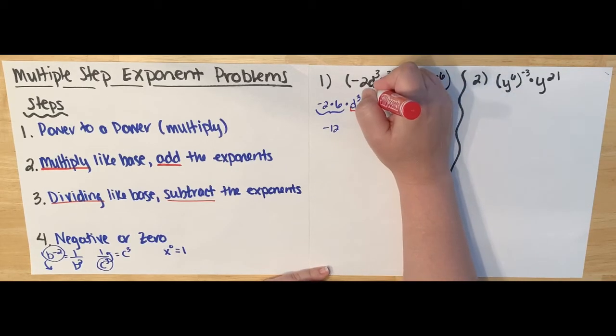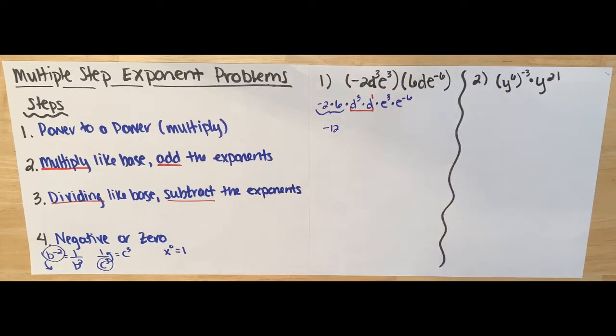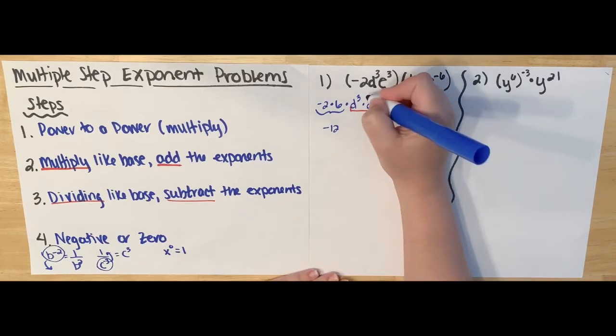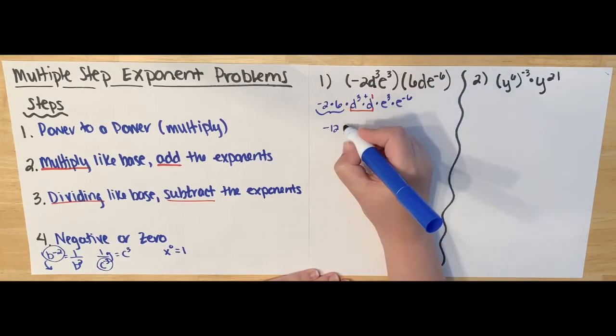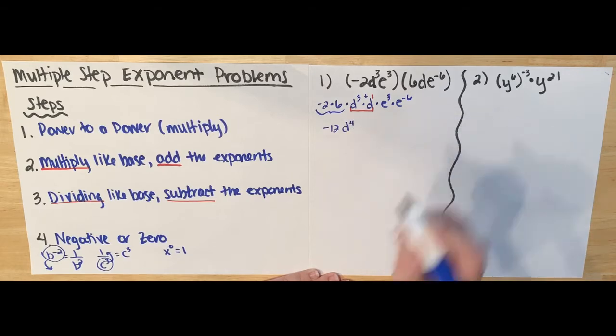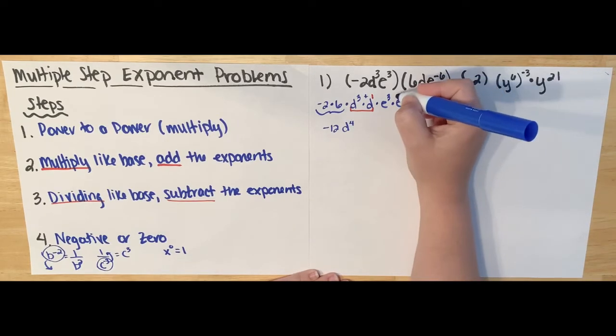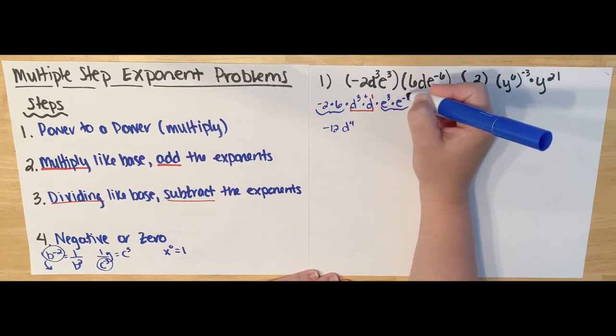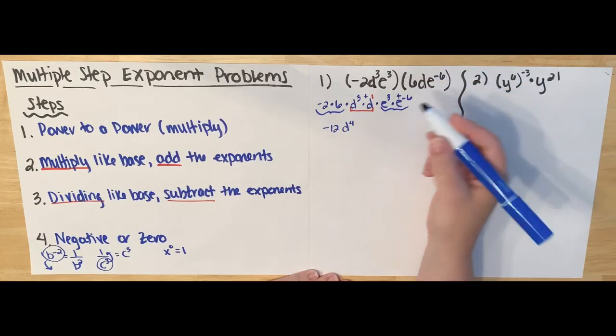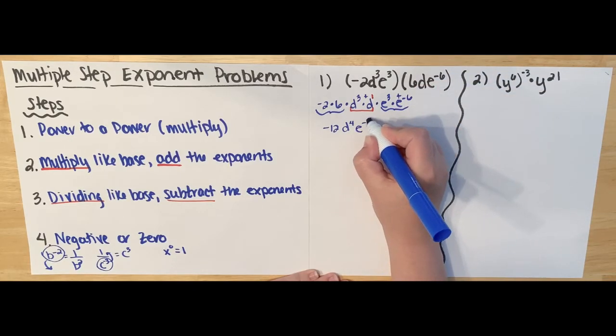If you recall, anytime you don't have one showing, it's usually almost always a 1. So there's one d and there's one exponent that I didn't have to write. So now we're going to add those together, and I get d to the 4th. Next, I have my e's. I'm going to add their exponents, and I get e to the negative 3rd.